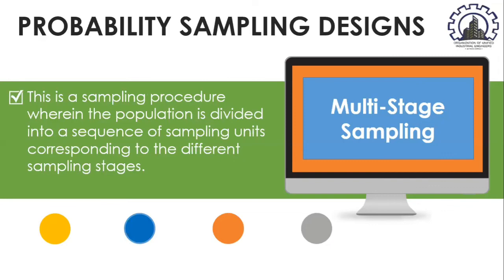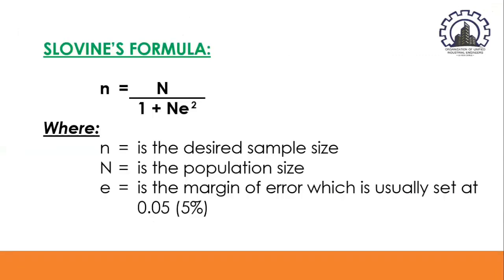And another issue pertaining to sampling is the question as to how large a sample must be. Generally, there is no hard and fast rule in determining the sample size to be taken from a population of size capital letter N, which is your population.